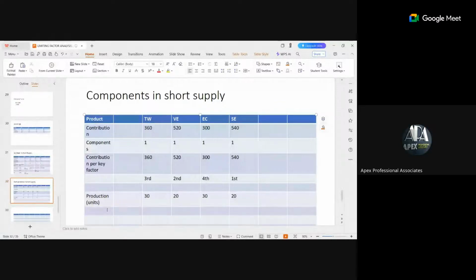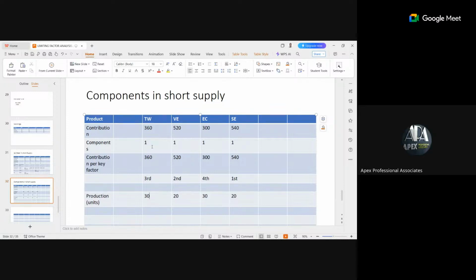So production in units, special order. The question is, in relation to the components, how many units of these components do we need to produce 30 units of TW? 30, very good.